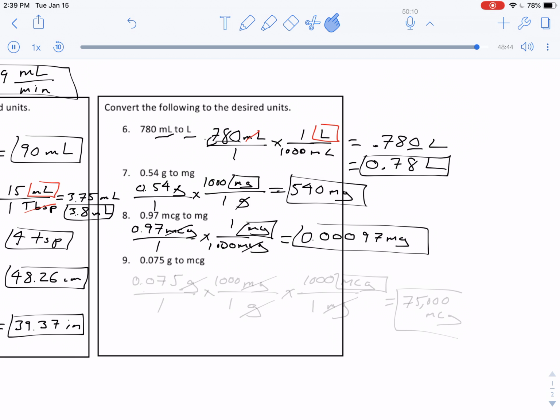All right, so what if I wanted to convert grams to micrograms? So this is going to be lovely. Our conversion rates are 1,000 milligrams to gram, and 1,000 micrograms to milligrams. So we can use them both. I just want to have a two-step conversion. So I'm going to cancel out the grams to make it milligrams. That's 1,000 milligrams per 1 gram.